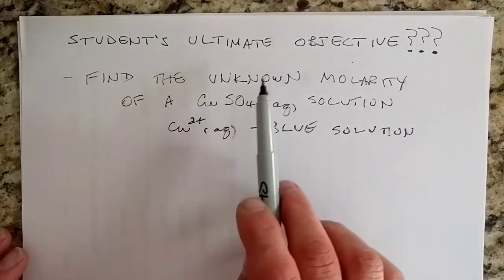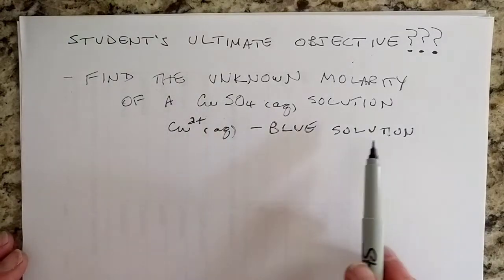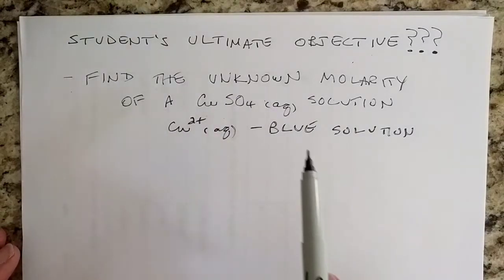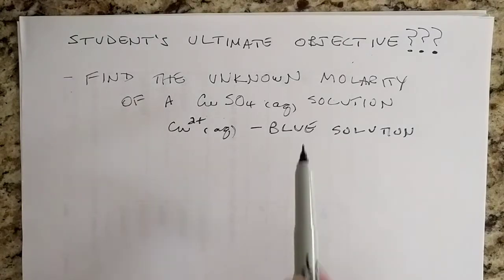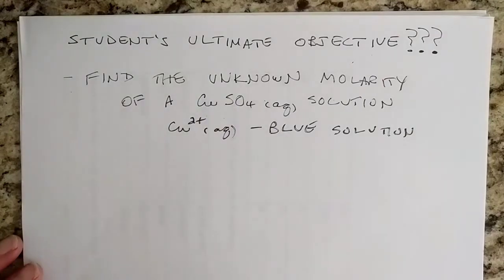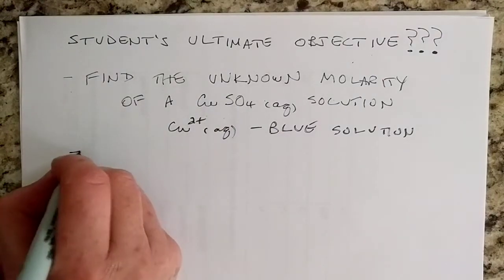Now, to find unknown molarities of a solution that has a color, UV-vis spectrometry is a good way to go. So that is what the student wants to do. How is the student going to do that?